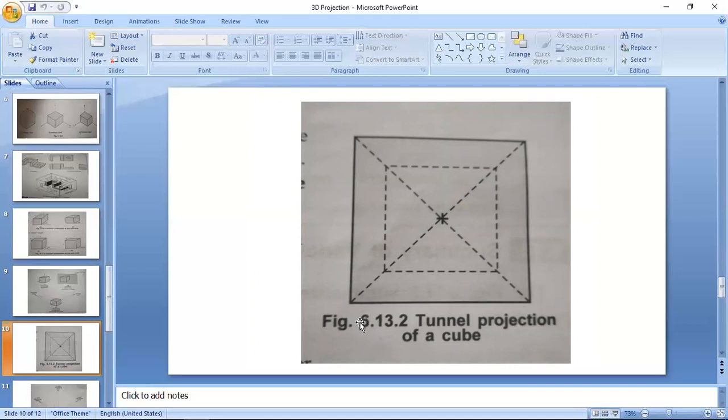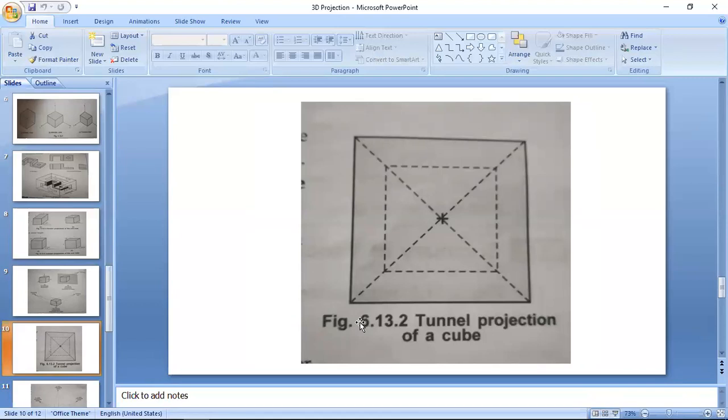Tunnel projection of a cube. Okay, single liner question is there, also can be asked in MCQ, so remember this point. Because of the particular positioning of object in the coordinate axis, the depth cues in a tunnel projection are not very obvious.